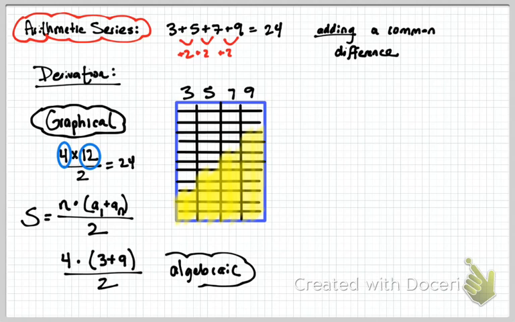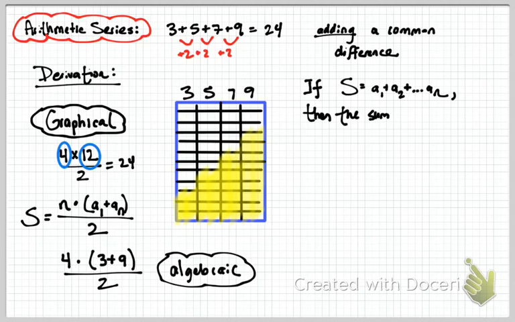On the right side, what I'm going to do is I'm going to write the formal definition. So you have it. If S, which means sum, is equal to A1 plus A2 plus blank, blank, blank, all the way to AN, then the sum S is this.